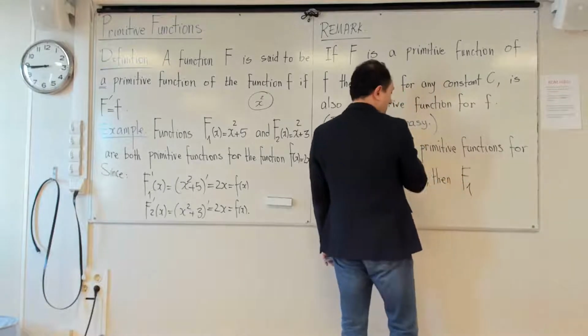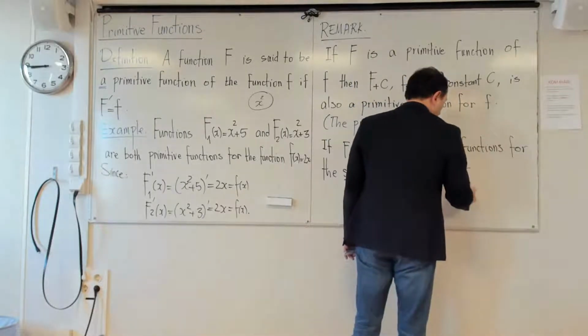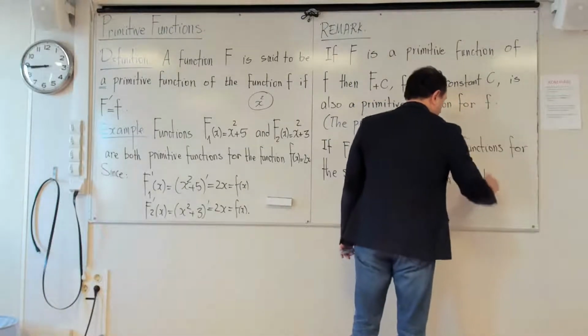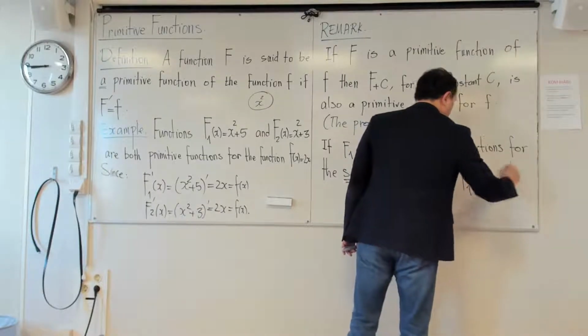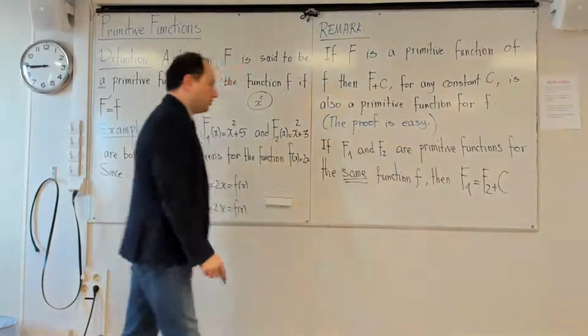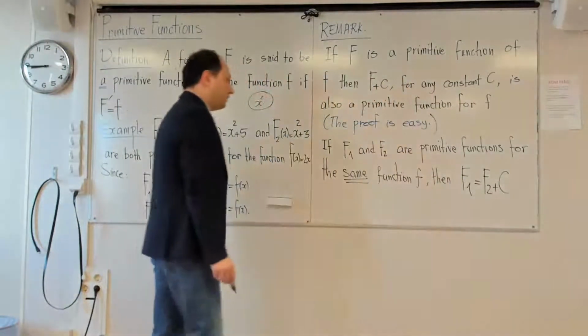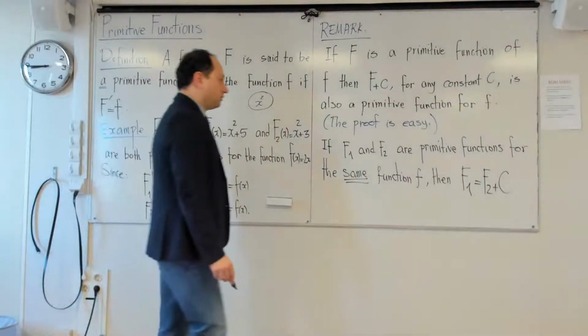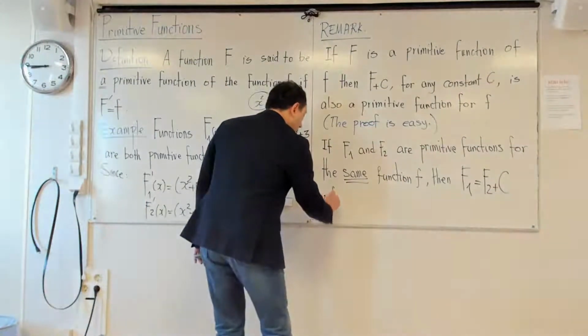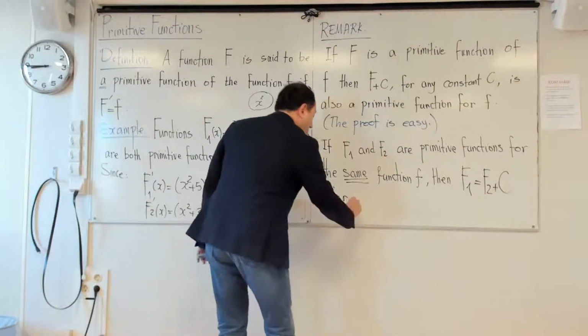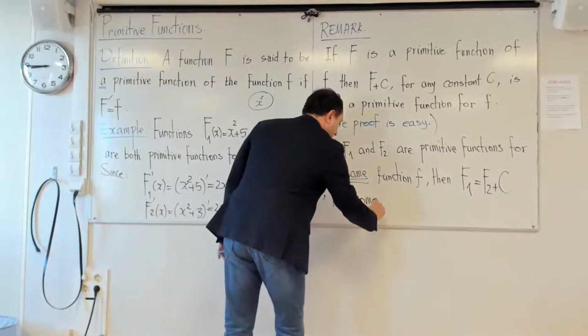Some books write it the way that I saw, some write like this. They say that the first one is the second one plus a constant, or the difference between them is a constant. It doesn't matter. Then F1 is equal to F2 plus C, not for any, but for some constant C.